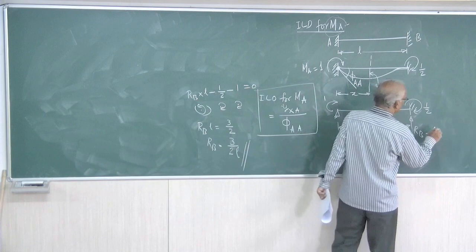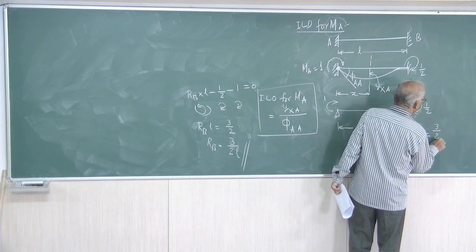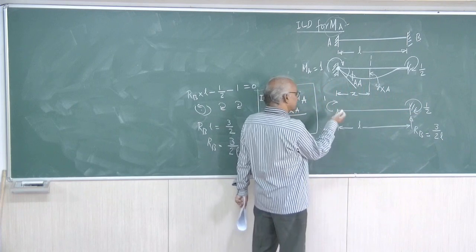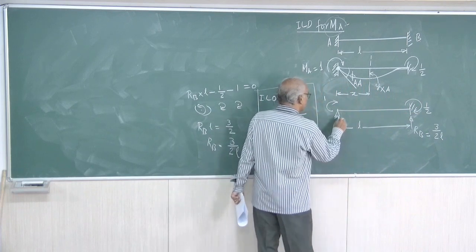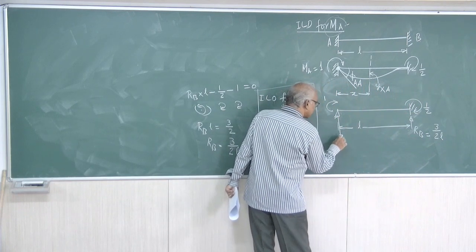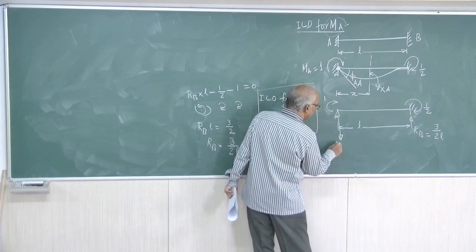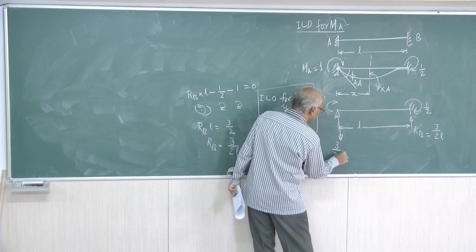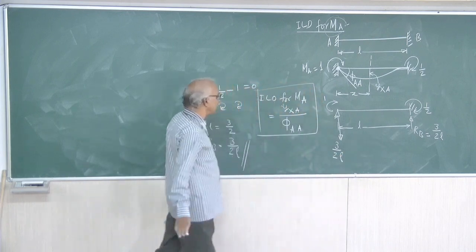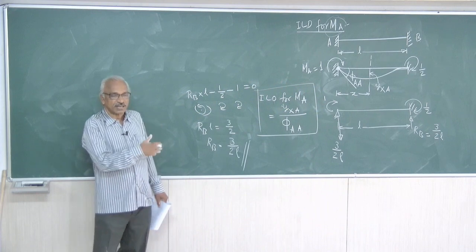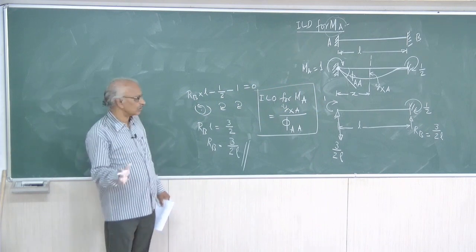When RB is equal to 3 by 2L upwards, there is no other vertical force. Therefore, the reaction here will be 3 by 2L downwards. Sigma V must be equal to 0. So, that is about the reactions by taking moment about A and using the condition sigma V equal to 0.